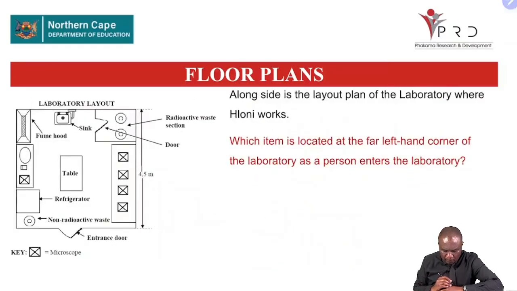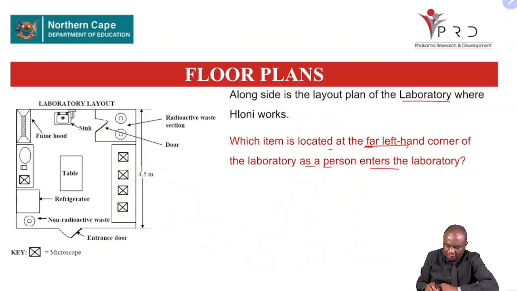Right, the next question. Alongside is the layout of the laboratory where Tony works. Which item is located at the far left hand corner of the laboratory as a person enters the laboratory?